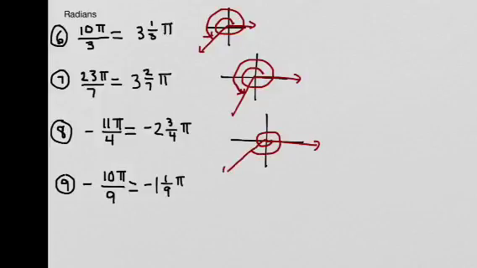Connect the two, and there you have it. Okay, and then number 9, another negative angle. We're going to start off with the initial side of 0, and then negative 1 1/9. Well, here's negative pi, and then 1/9 more about here, and connect it. Draw your arrows, and there you have it.